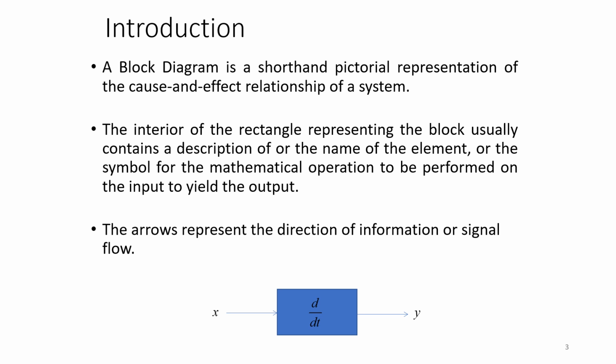The interior of a rectangular box represents the block, and it usually contains the name of the element, or, with respect to mathematical operations, the operations to be performed on the given input to yield a particular output. The arrows represent the direction of the information or signal flow for this system. So this is the basic definition of a block diagram.